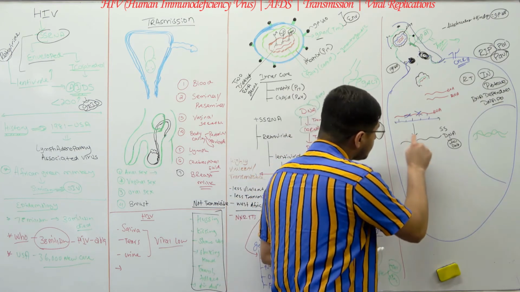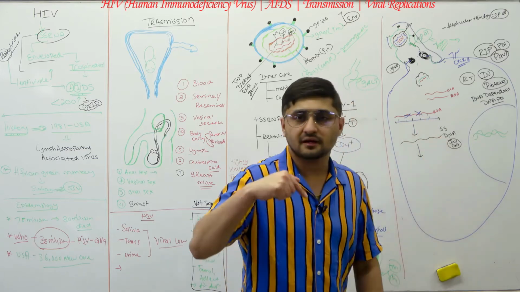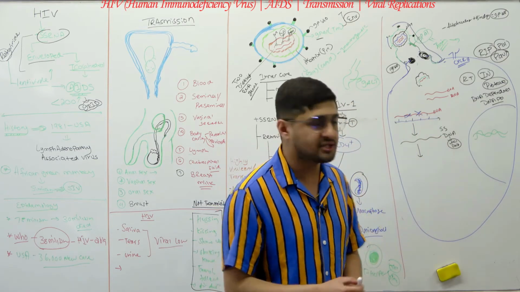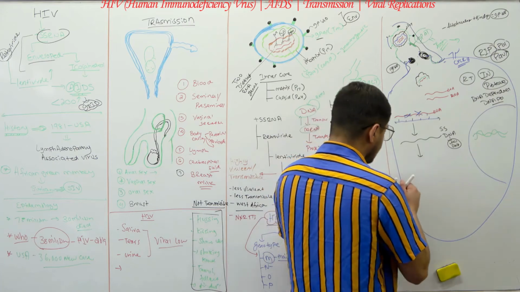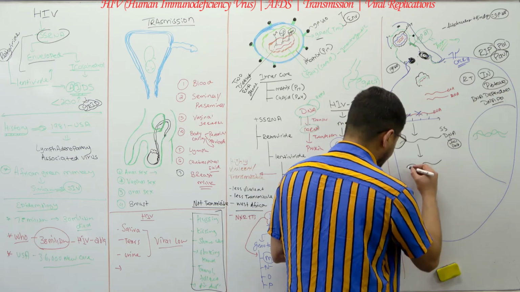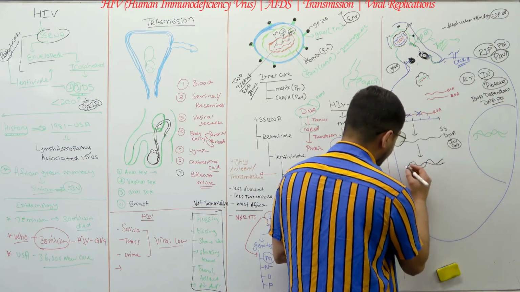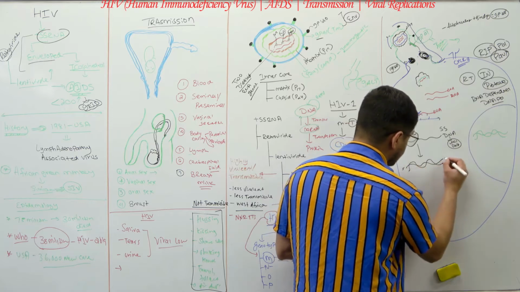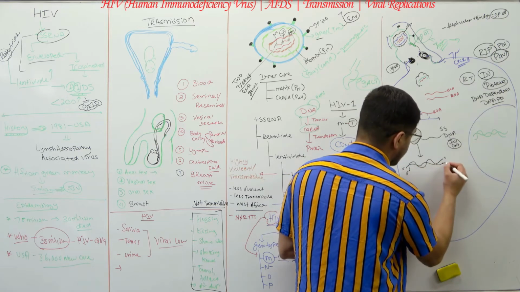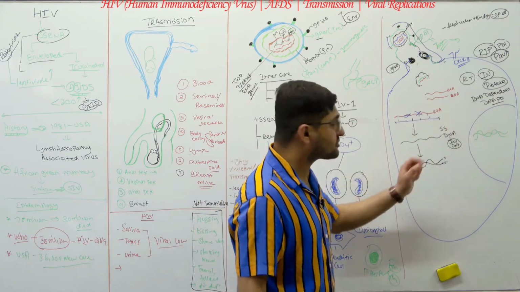So now this newly made single-stranded DNA gets replicated, and you make a double-stranded DNA, with 5' to 3' and 3' to 5'. This is the whole concept of reverse transcription.